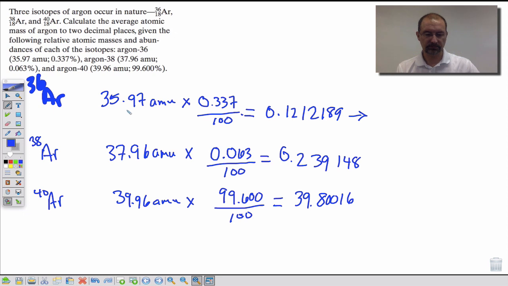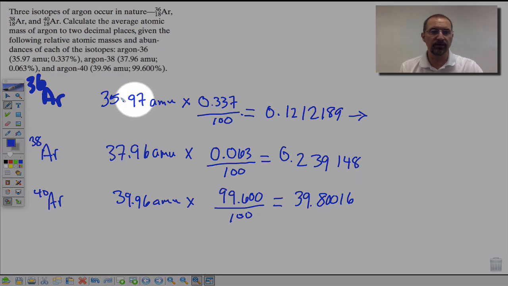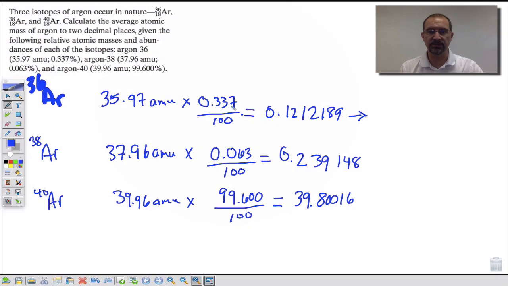Over here, I've got 4 significant figures in the atomic mass for argon 36, but I have 3 significant figures in the percentage. That means I need to round this first number to 3 significant figures, so that's 0.121.